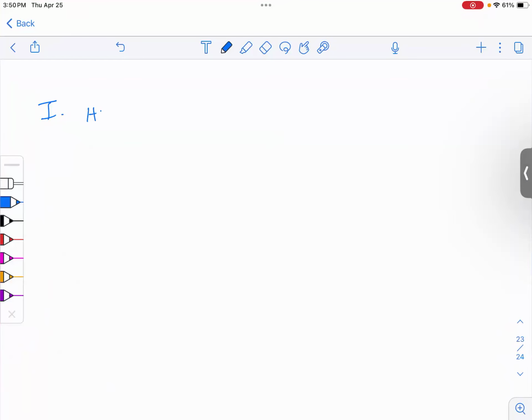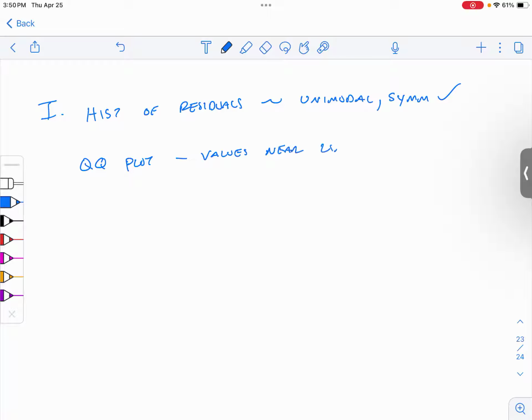So histogram: unimodal, symmetric. And that one's done. So I don't even have to check the other one, but we will, and we did. And that is an OR condition.